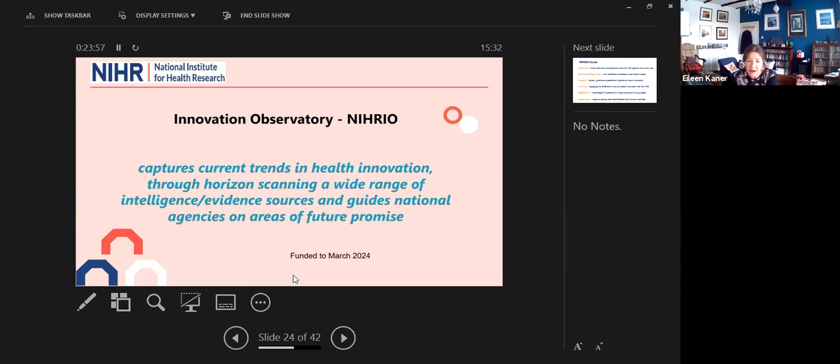And it's meant to be a unit that's trying to kind of look out and see what's coming on the horizon. It's using a variety of different techniques to try and do what's called horizon scanning. It's looking forward in time, trying to see the new devices and technologies and challenges for health and care systems, so that we're able to start to think about how we prioritize research and how we prioritize developing testing and therapeutics on these issues.